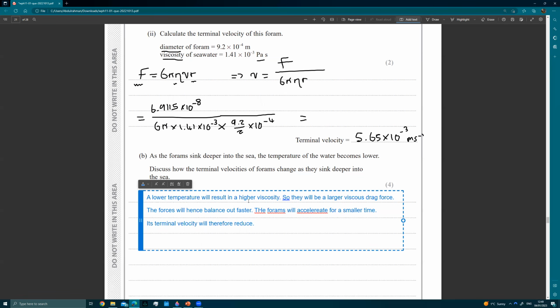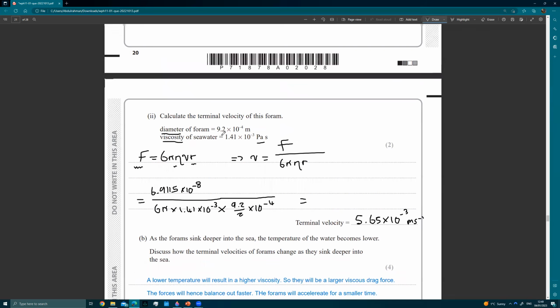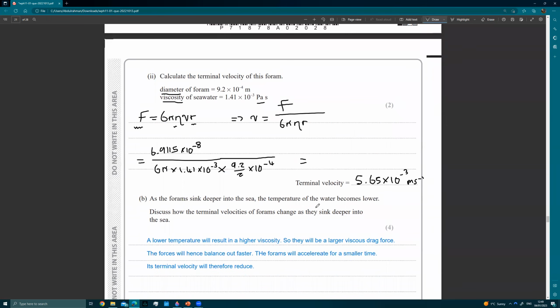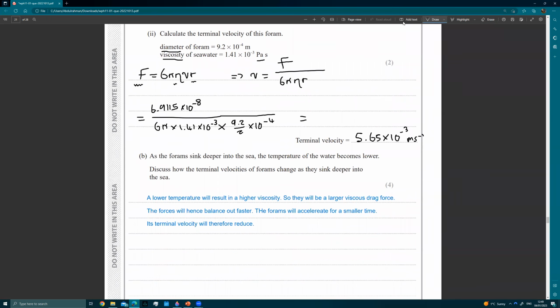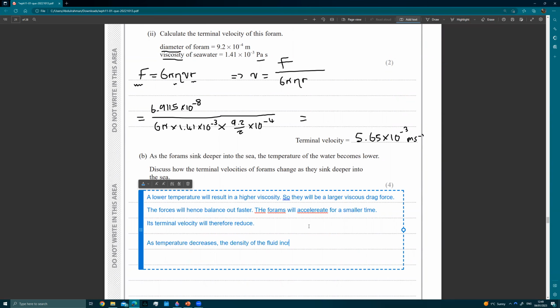Also, you should know that temperature impacts the density of the fluid. Right, because we're talking about the temperature of the water, not the temperature of the organism. So as temperature decreases, the density of the fluid increases. Why?